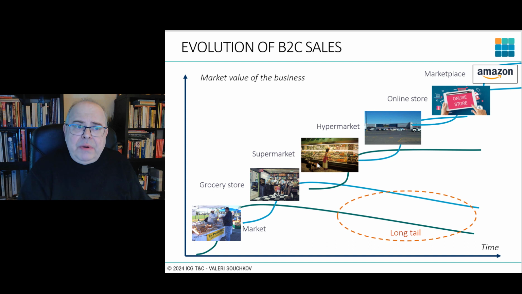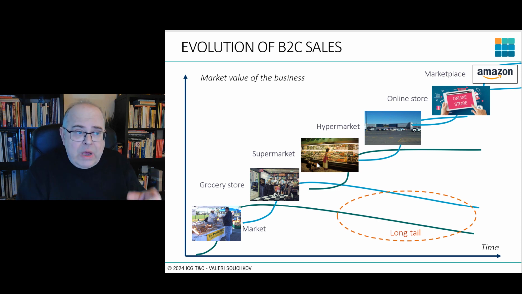Then we came to the hypermarket, which used to sell almost all kinds of products. Then we came to the online store. And finally, we go to the online marketplace, which sells products from everywhere. Look at Amazon.com or AliExpress and so on. They sell thousands and thousands of product types.